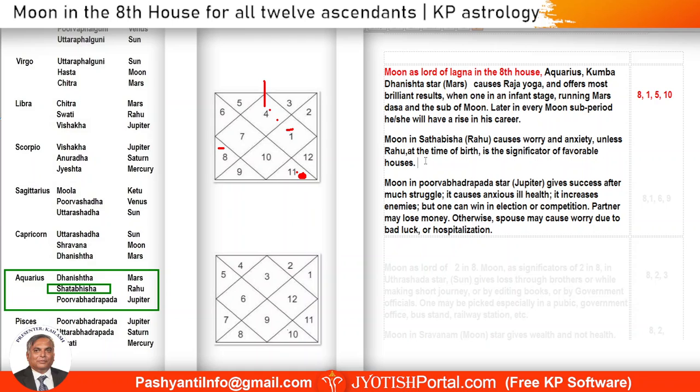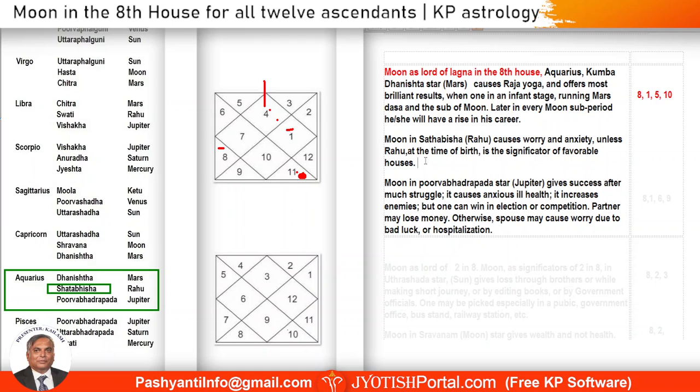So these three things are there. There is some confusion in Krishnamurti Paddhati about what exactly the nodes represent, but the nodes representing the sign which they are occupying is for sure. So I would just recommend that you stick to that only.